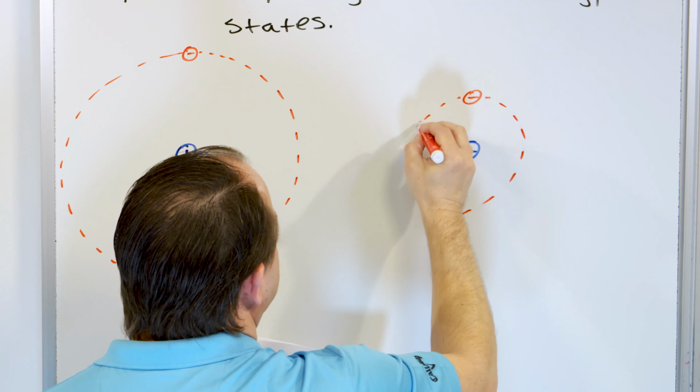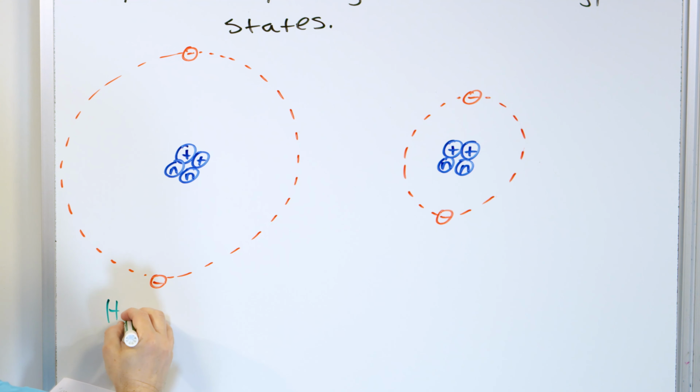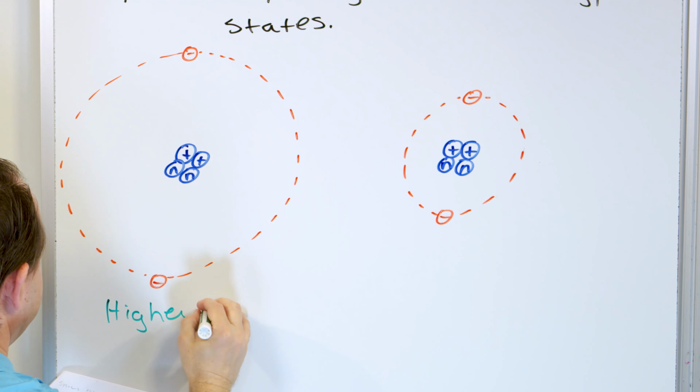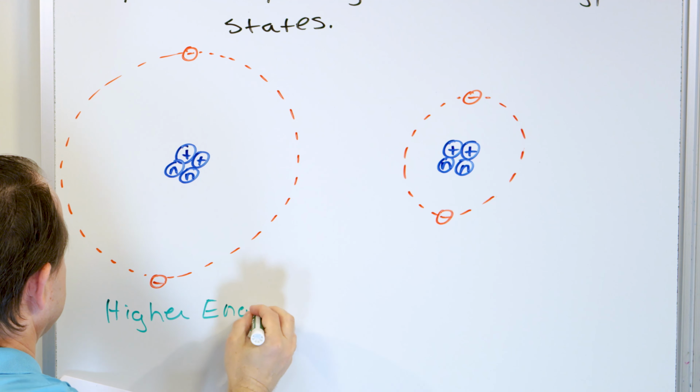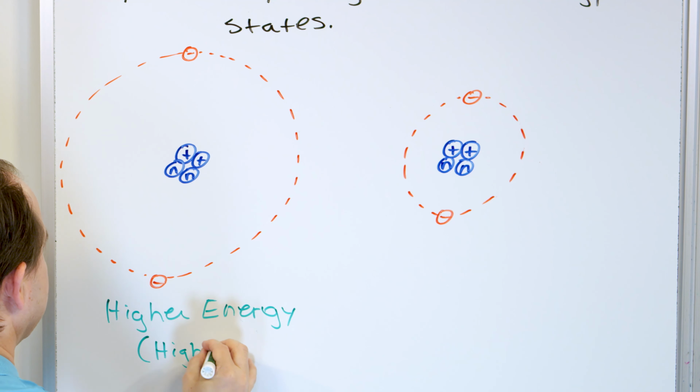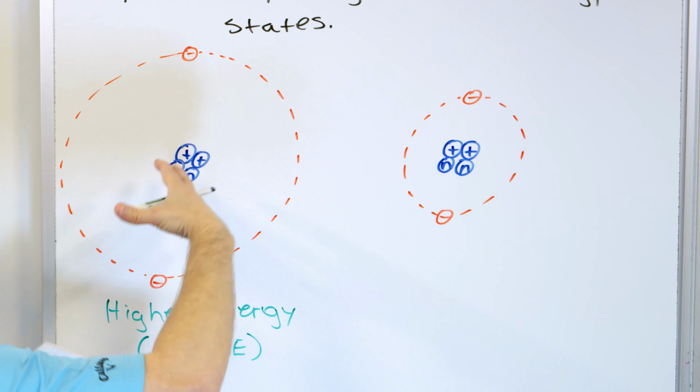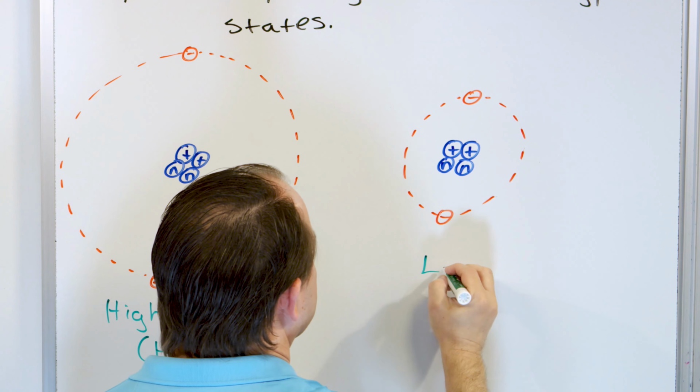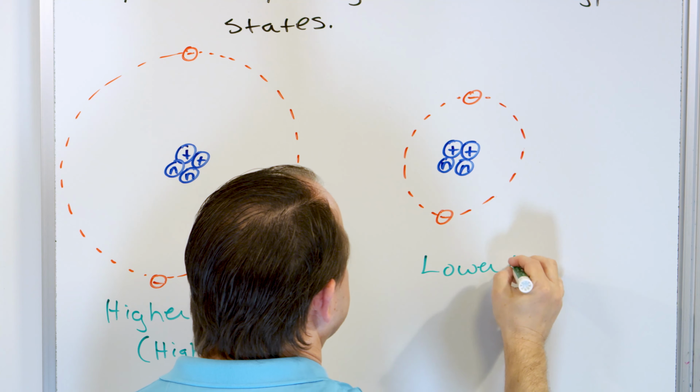So this is called a higher energy state. Higher energy. Whoops, if I can spell energy right. So I can say high PE, high potential energy, because they're farther away, right? And this is lower energy.